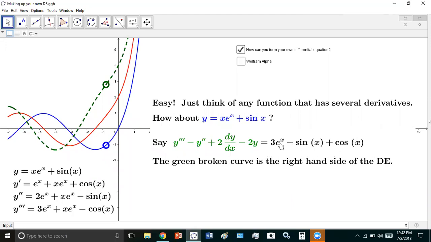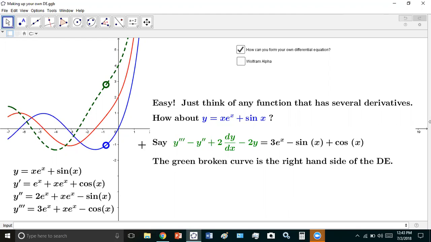And you can check that this equation is true by taking the function, finding the first, second, and third derivatives, and doing the little bit of arithmetic that you see on the left-hand side to get the right-hand side. So this broken green curve is actually the right-hand side, 3 times e to the x minus sine of x plus cos of x, right?